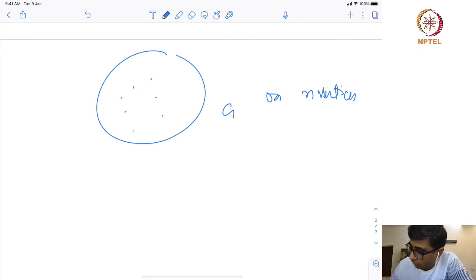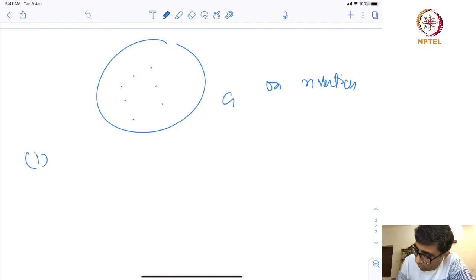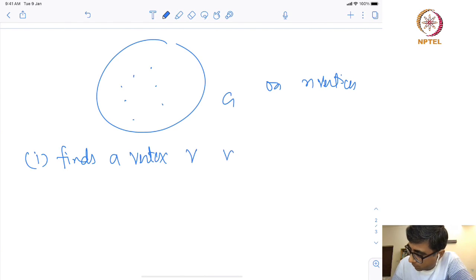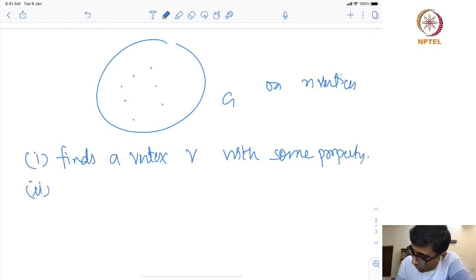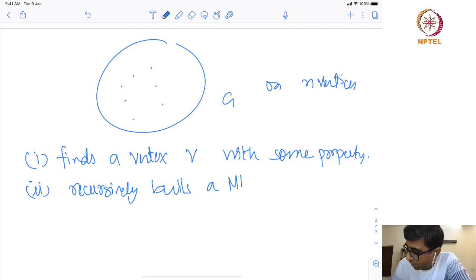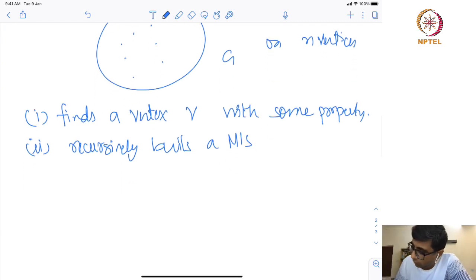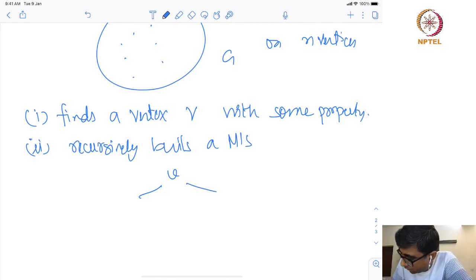The algorithm finds a vertex V with some property, and recursively builds a MIS. What does that mean? I take this vertex V and we branch: either V is part of the maximum independent set or V is not part of the maximum independent set.